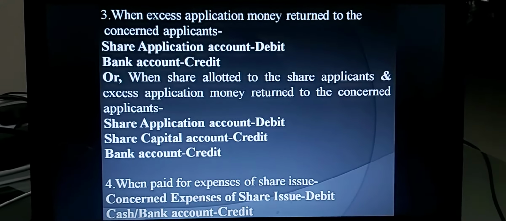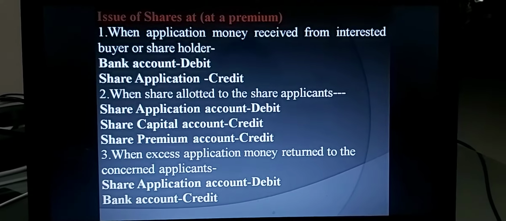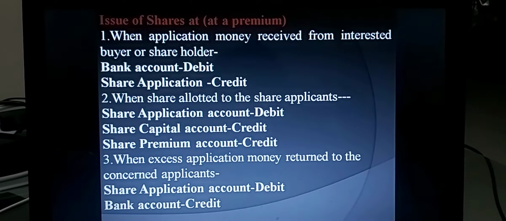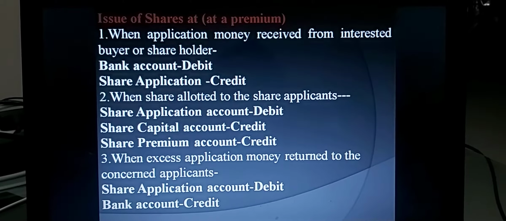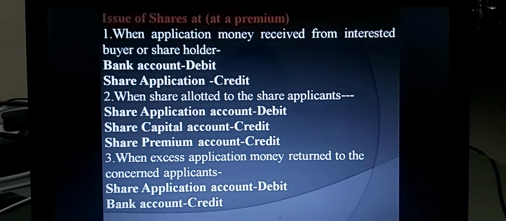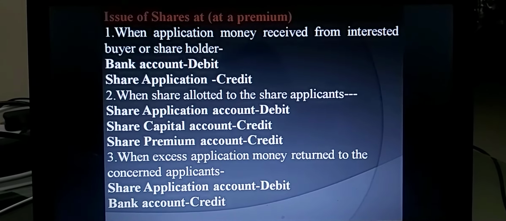Dear learners, I think you are writing in your copy. Okay, now we can go to issue of shares at a premium. Journalizing entry. Number 1, when application money is received from an interested buyer or shareholder, the journal is bank account debit, share application account credit.